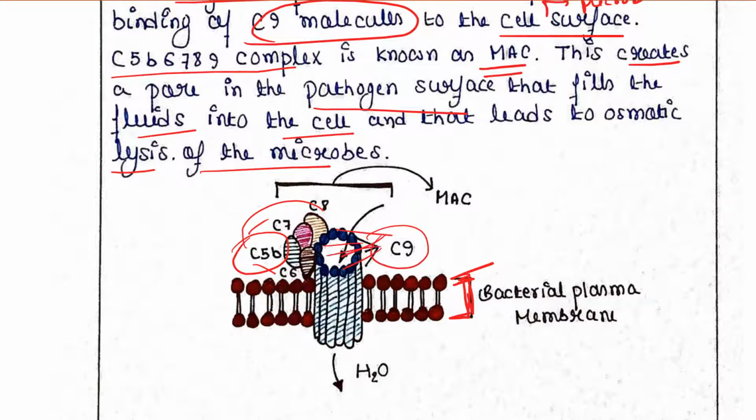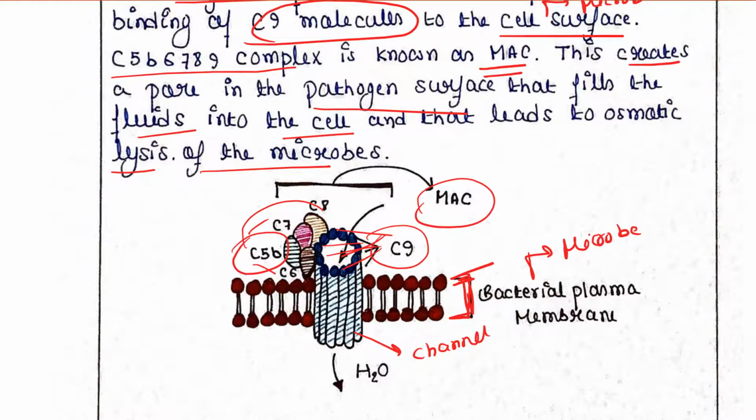We can see here a number of C9 molecules are there. They will make the MAC, and these C9 molecules will make the pore, or you can say the channel or pore in the bacterial plasma membrane. It could be any other microbe also.